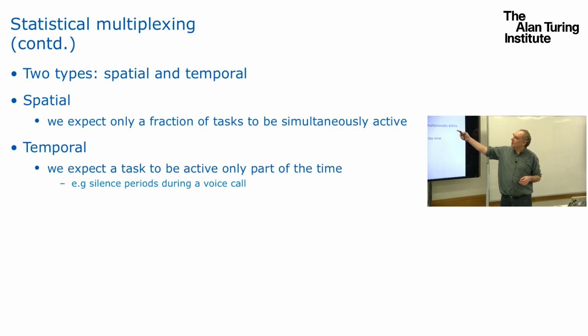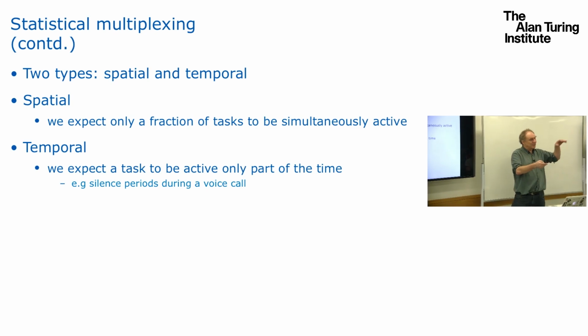The idea here is if only a fraction of tasks are active simultaneously, and statistically you know that to be the case, then you can allocate the resource to the next person, first come, first serve, or maybe some priority schedule, and then the next people will come along a bit later. Each task might be only active part of the time.